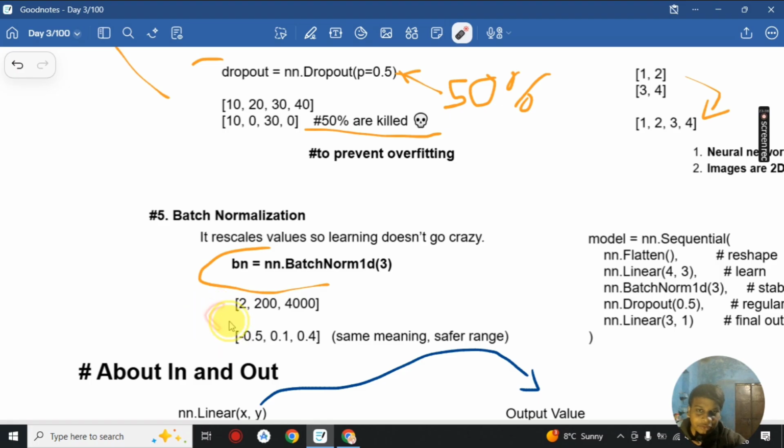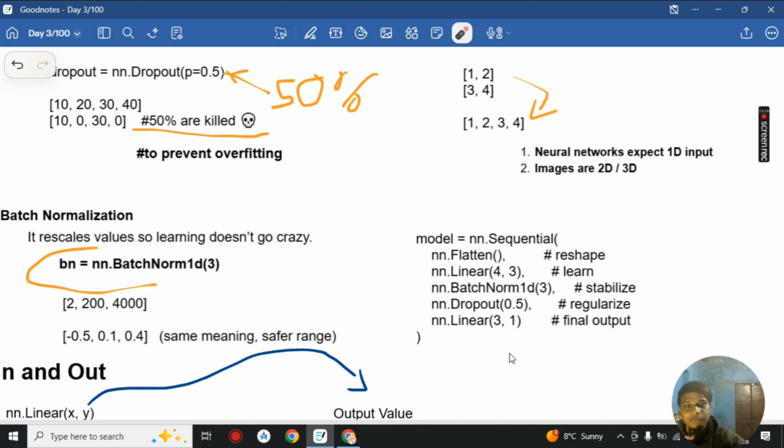So we basically scale the entire tensor to a small value, so our learning doesn't go crazy on very large values. It basically has the same meaning, but this gives a safer range.